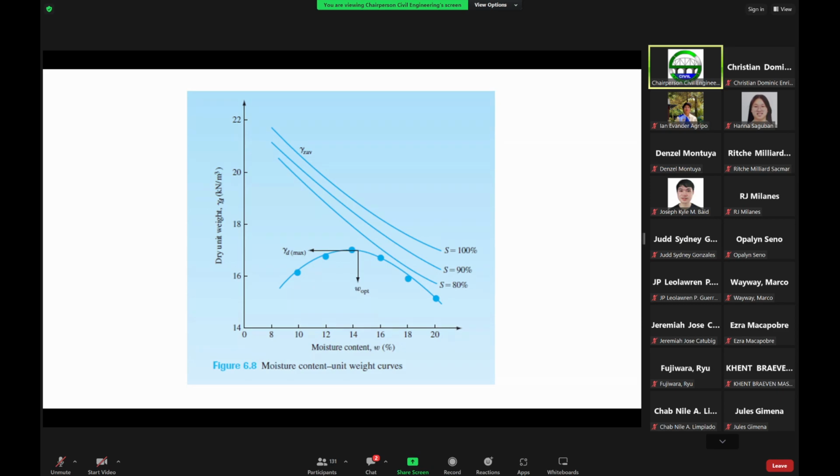So you can no longer compact that material beyond these curves. It depends on the material. So that's how we interpret these curves here.